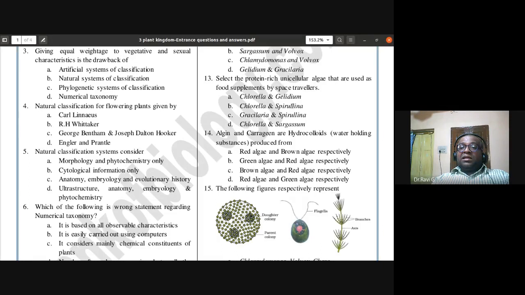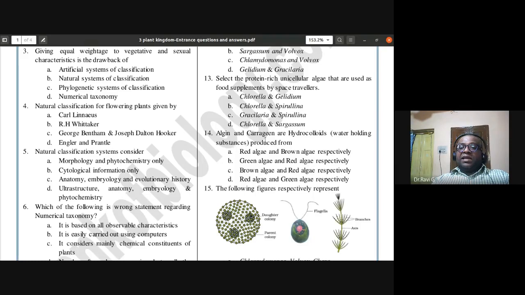So Chlorella and Spirulina are the protein-rich unicellular algae that are used as food supplements by space travelers.